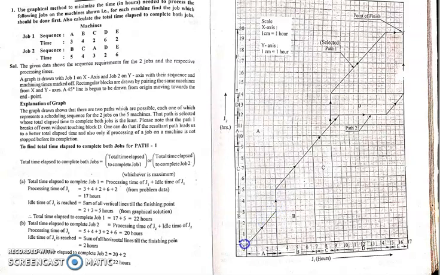Got it? See, from the origin up to machine B, this rectangle will stop the traveling of the inclined line. You need to stop here, then you have to go along the rectangle. Again, once there is no stoppage, no resistance, go for an inclined line again.